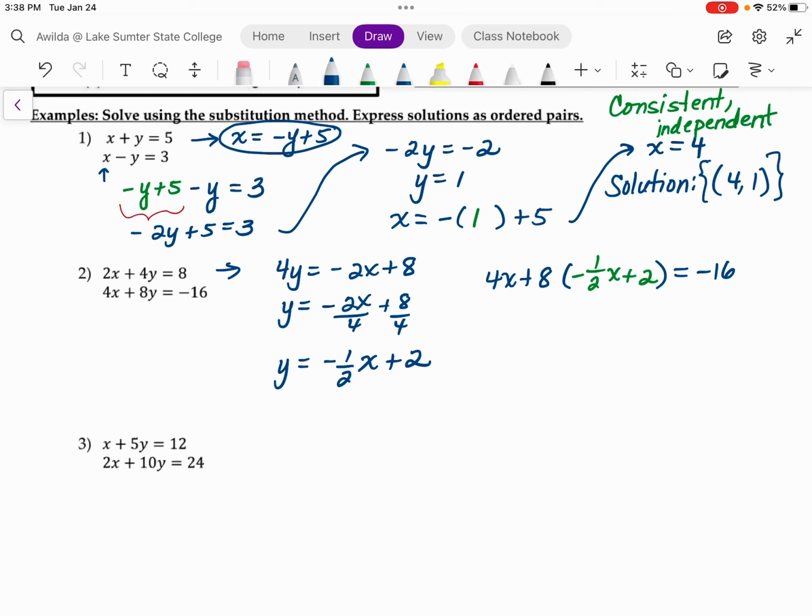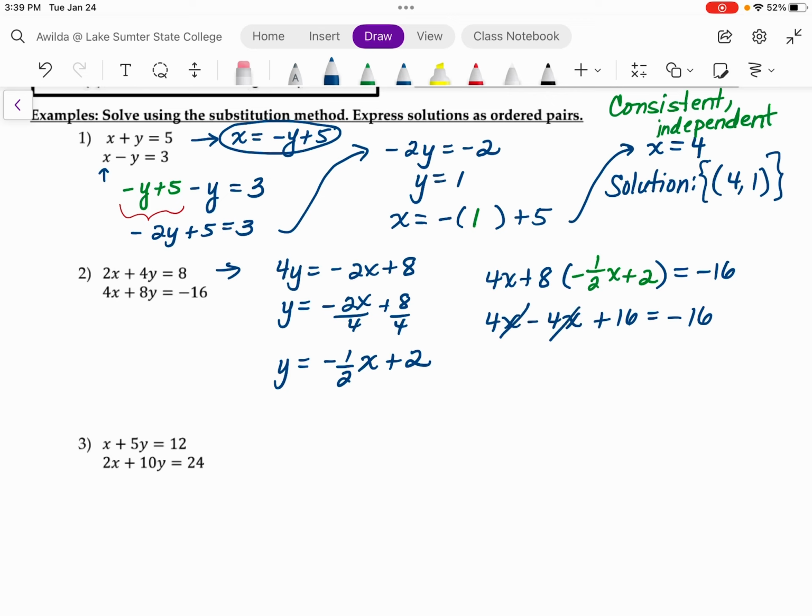Now, let's work through cleaning this up a bit. So we have 4x. 8 times negative 1/2 is negative 4, so we'll have a negative 4x. And then 8 times 2 is 16. And then on the right-hand side, we have a negative 16. Now look at what happens when we try to combine like terms. 4x minus 4x is 0.